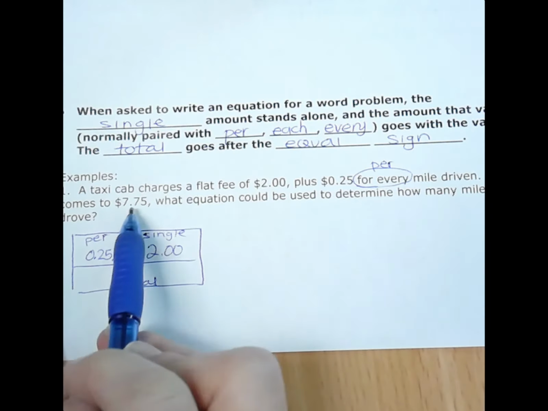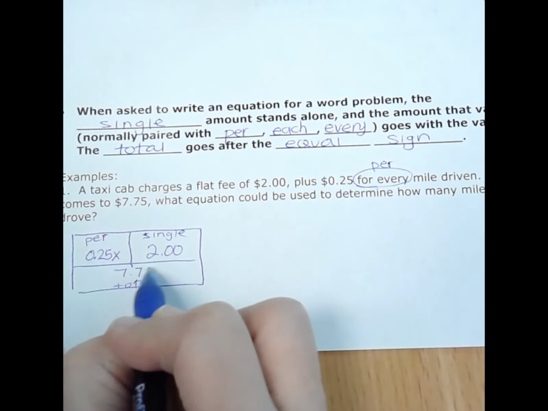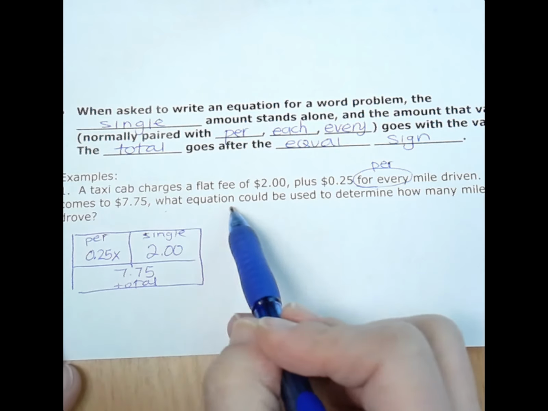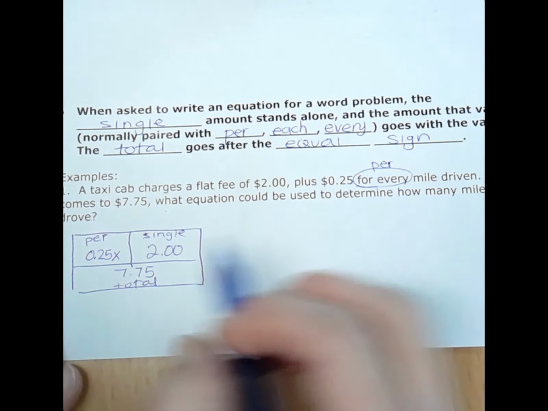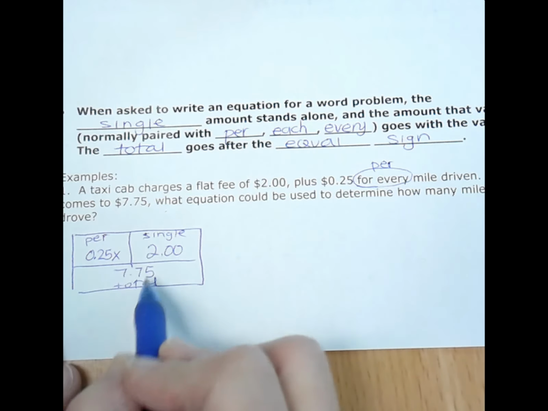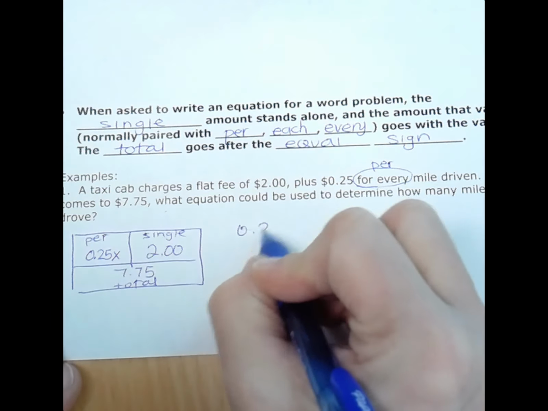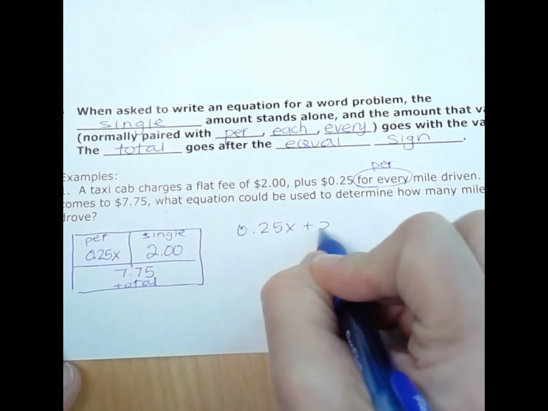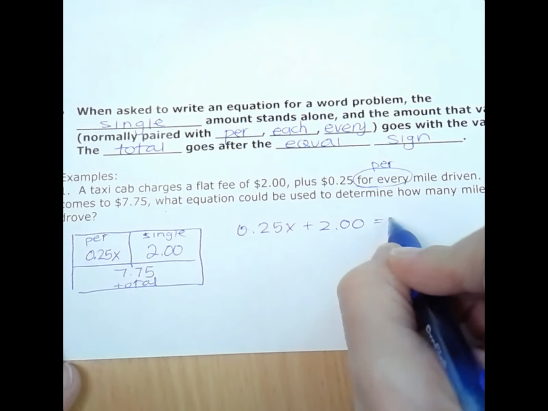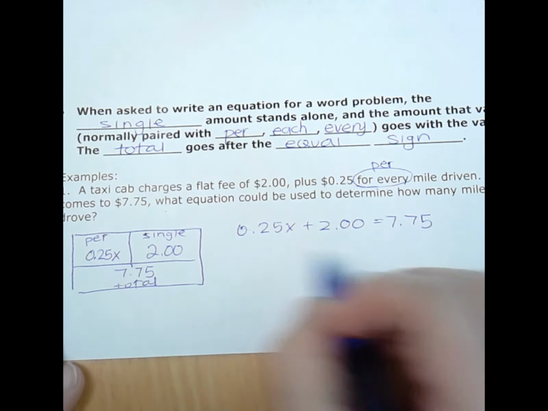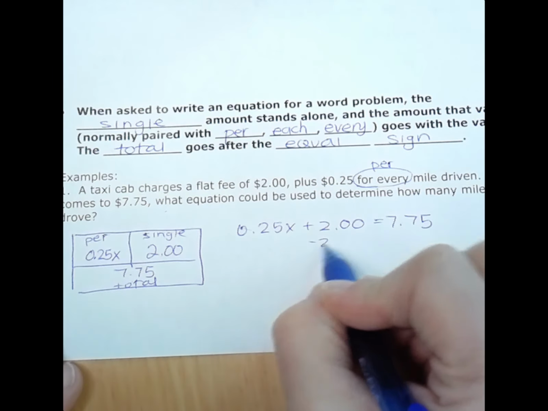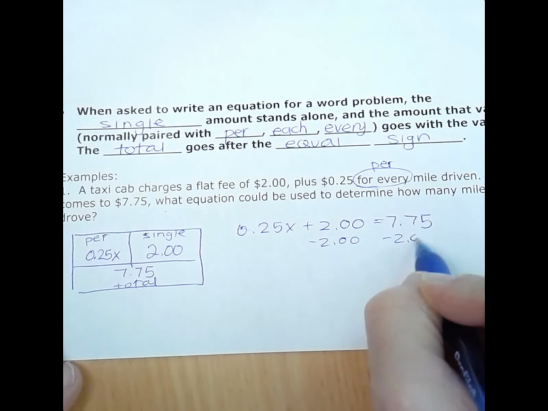And if the fare comes to $7.75, that's our total, what equation could be used to determine how many miles the taxi drove? So remember, these two added together will give you the total. So 0.25x plus $2 equals $7.75. Okay, they don't ask you to solve it, but we could solve that pretty quickly.